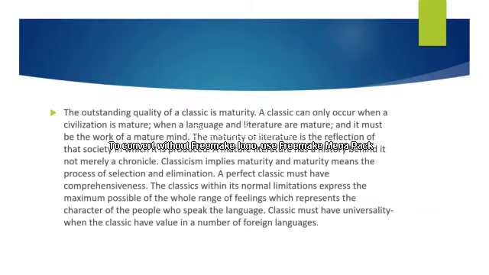Then, the outstanding quality of a classic is maturity. Why is it called a classic? Because when we consider something a classic, that means it is a matured one. The outstanding quality of a classic is its maturity.